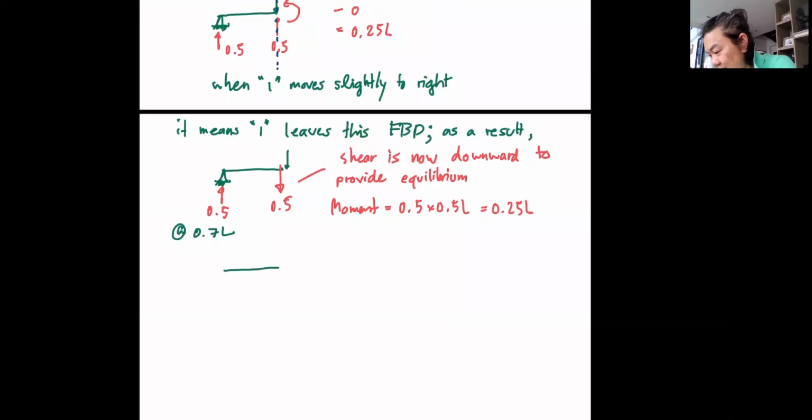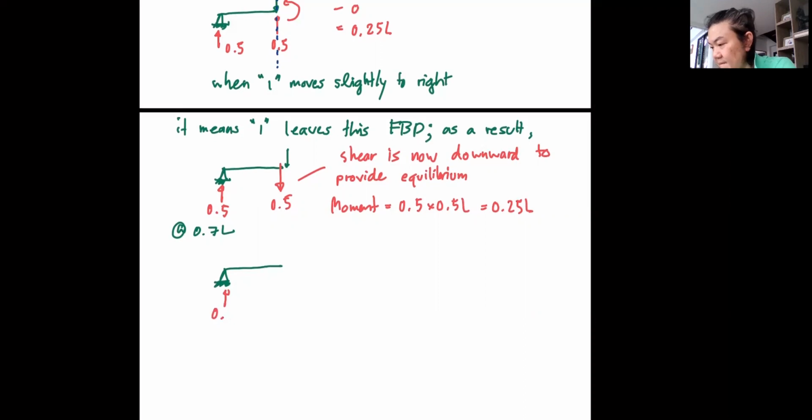So I now have this free body diagram, right? I no longer have the unit load on it. The reaction is, sorry, not 0.7, 0.3. So in order to have this under equilibrium, I need to have 0.3 downward here. Right?